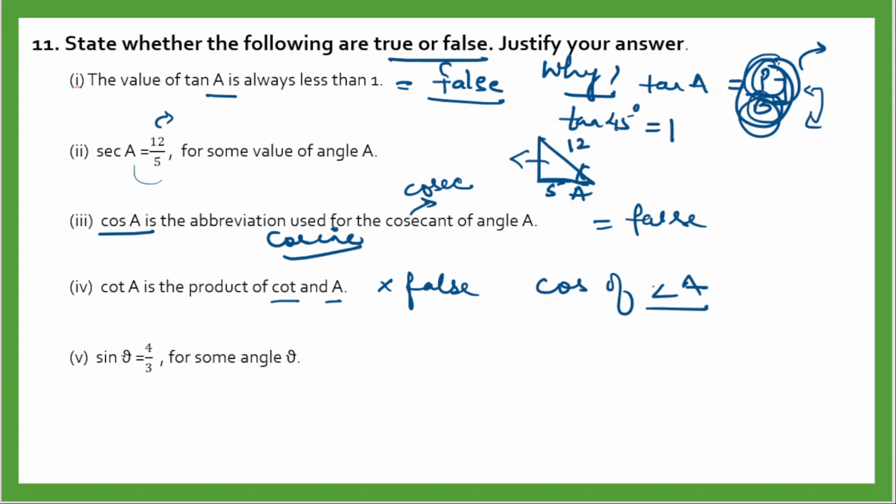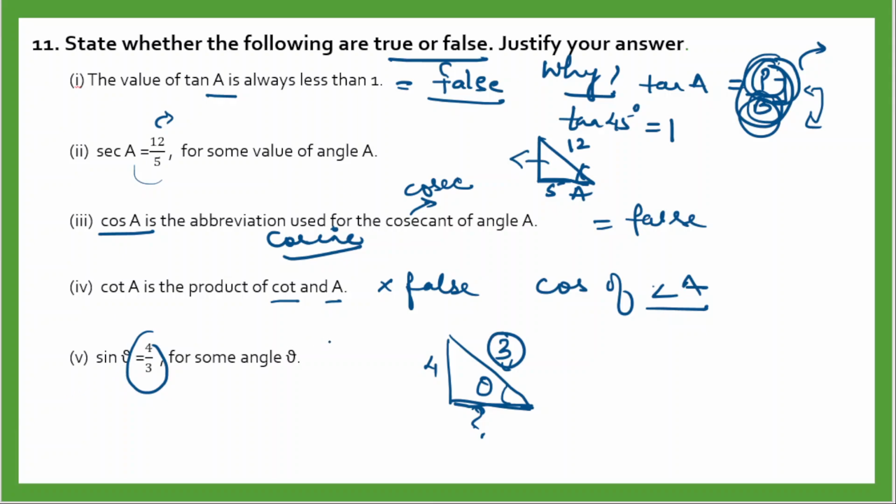Okay. Sin theta is equal to 4 by 3 for some angle. Is it possible or not? It is your theta and it is your 4 divided by 3. Is it possible? You can calculate.